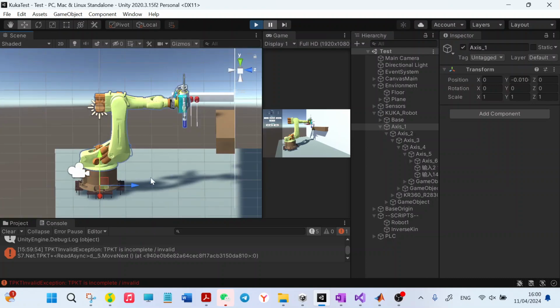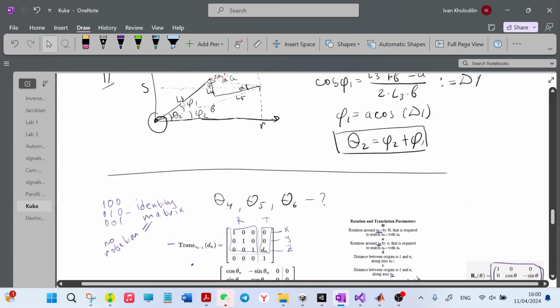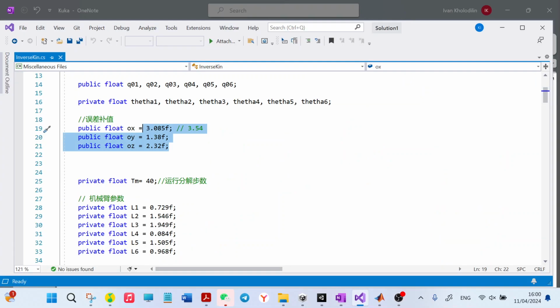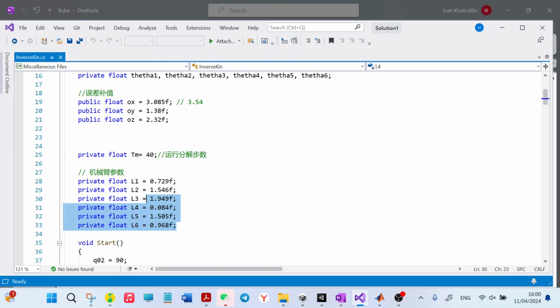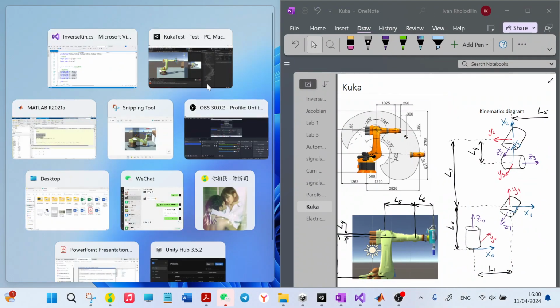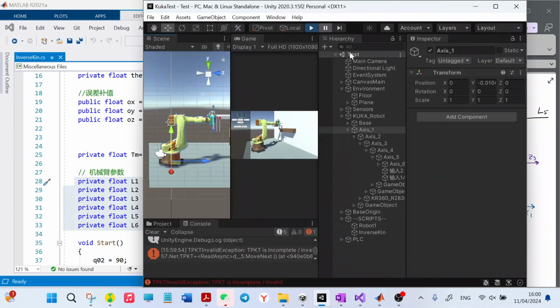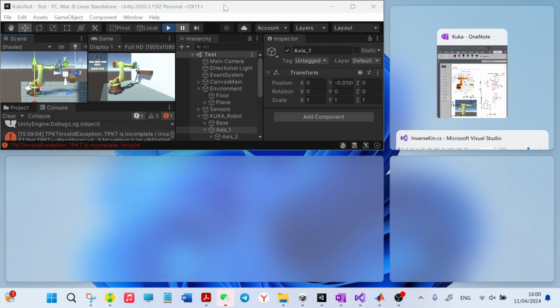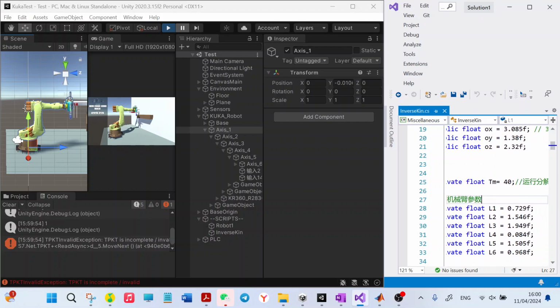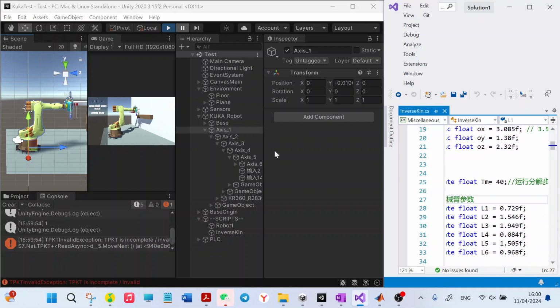We rotate from here, and we first need to know what L1, L2, L3, L4, L5, L6 are. Here we found L1, L2, L3, L4, L5, L6. Let me show you how I found these values.